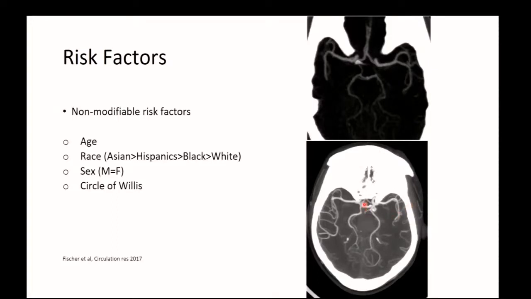Look here, for example, you have a fetal PCA. You have the posterior cerebral artery actually coming from the anterior circulation. Here you have a very small P1. So these variations of the circle of Willis will put strain and high flow on certain arteries, and with every heartbeat for your entire life, there will be a strain on this artery.